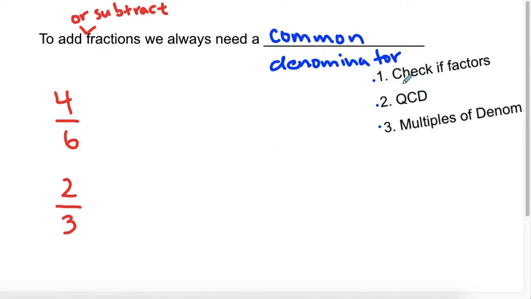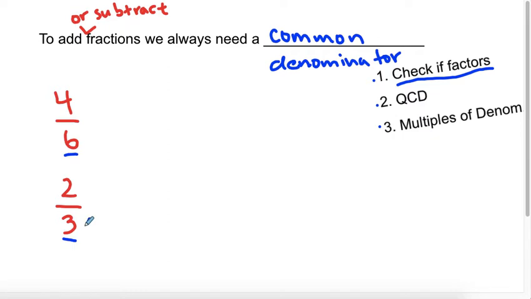So the first one here is check if factors. Okay, and what that means is to find a common denominator, what we're really trying to do is turn both of the denominators into one number that's the same. So if you think about it, 3 goes into 6 evenly, right? In other words, 6 is a multiple of 3.